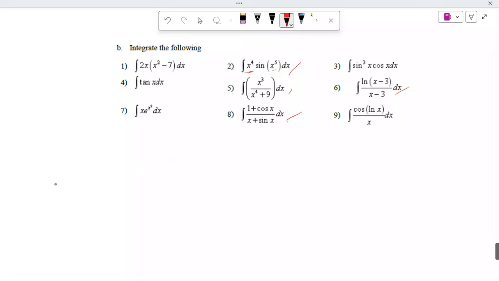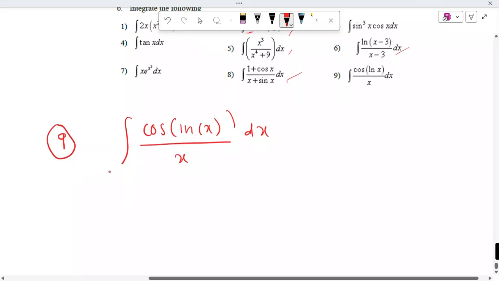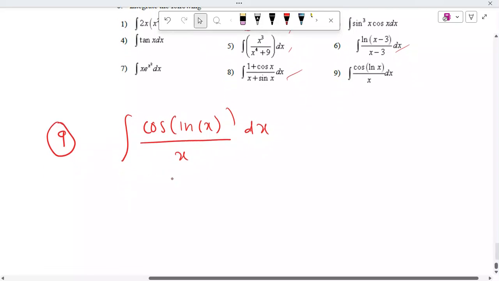We integrate cos ln x over x dx. Even in this one, the simple method would be to apply the quotient rule.